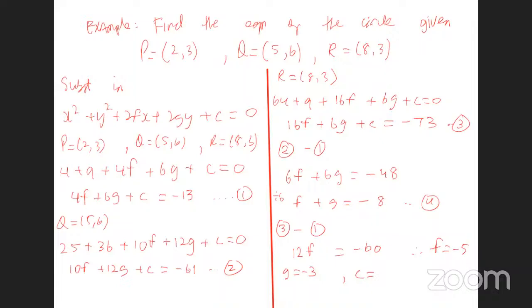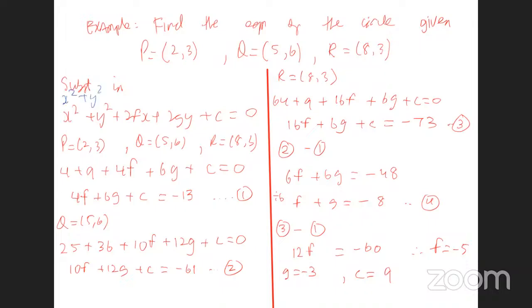What did you get for C? Anybody work out C? C is 9. Okay, nice. So we have the equation, right? I can't fit it in there, but we have the important things, F, C, and G. Actually, I can write it here for you in blue.